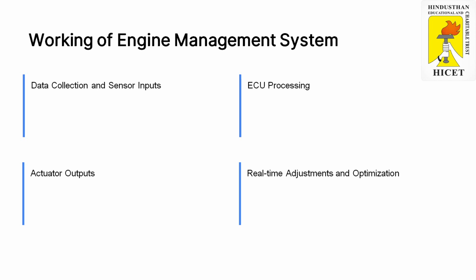And then sometimes optimization. Everyone has a doubt about this: what is the optimized working in our engines? Yes, of course, for Bharat Stage 6 norms we need to optimize the engine performance in terms of emission. If higher emissions are produced, the O2 sensor will give the signal to the ECU.